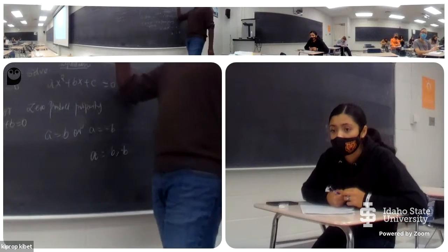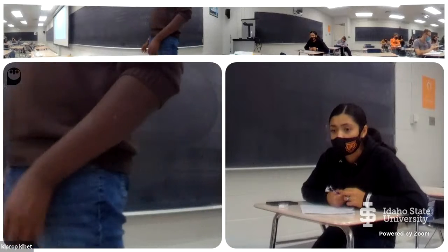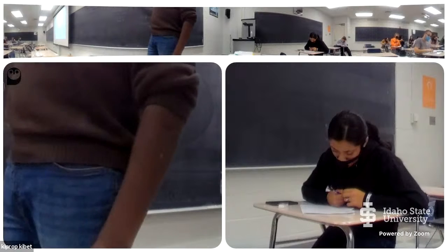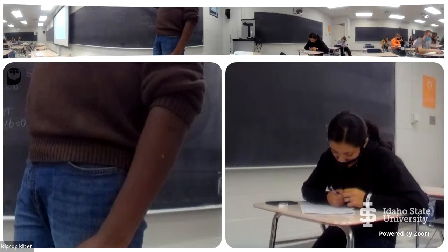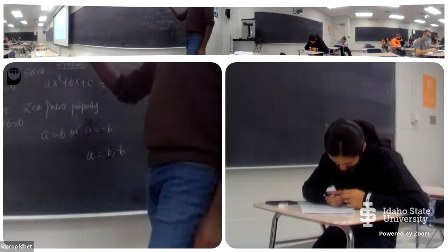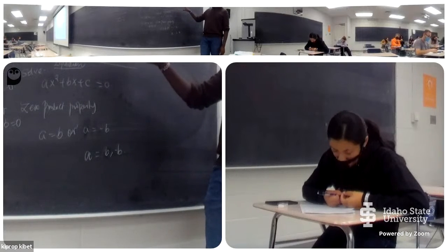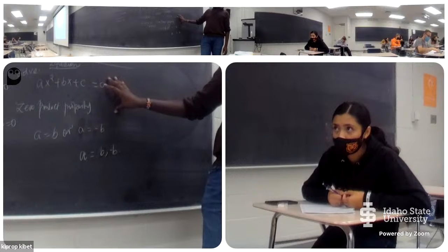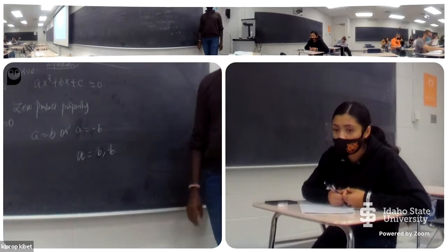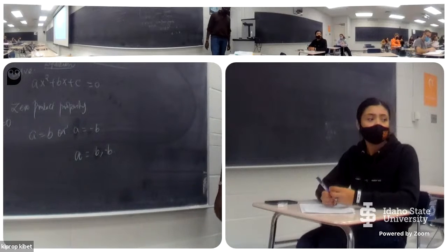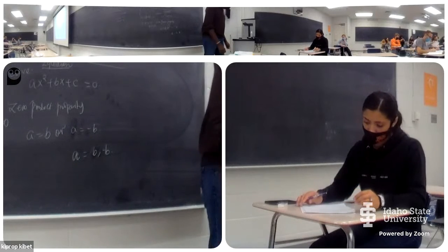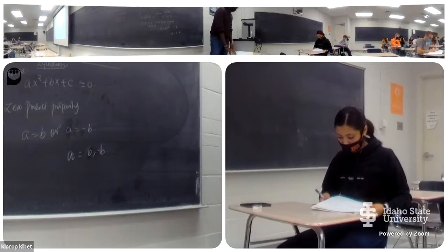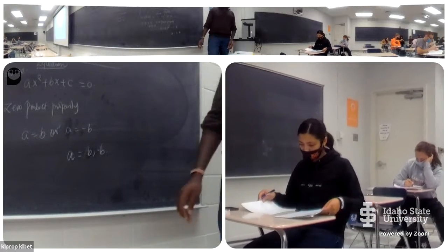So that is covering section 6.2, section 6.4, and then this one is section 6.5a, which is the zero product.